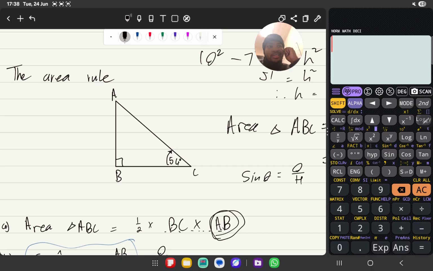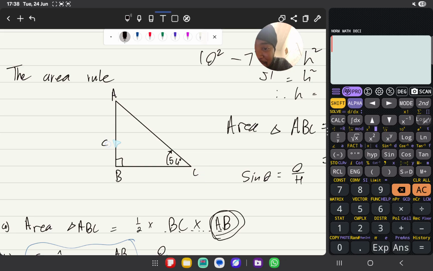In a triangle, there's this way in which we would define the sides of a triangle. You would look at the angle, for example, angle C. The side that is opposite angle C is going to be given the letter small c.